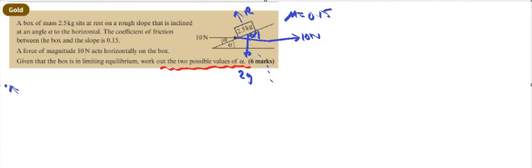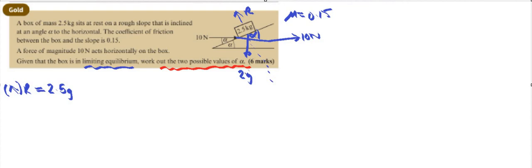So first step, R. Now it's not moving, it's in limiting equilibrium. So we know it's not moving in the vertical plane. So that means that R must be equal to the forces going in the other direction. R is going up. This is our perpendicular. The 10 newtons and the gravity vector are both going in the opposite direction. So R is equal to our gravity vector, which is 2.5g.